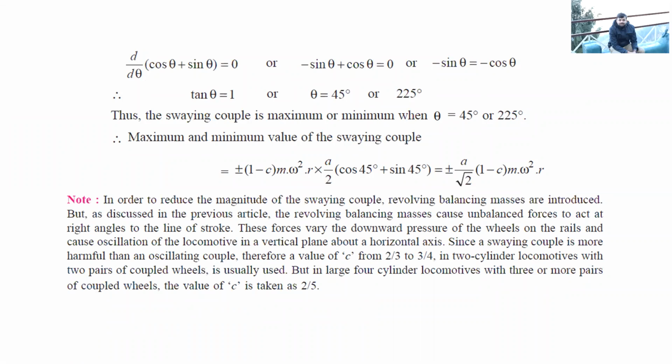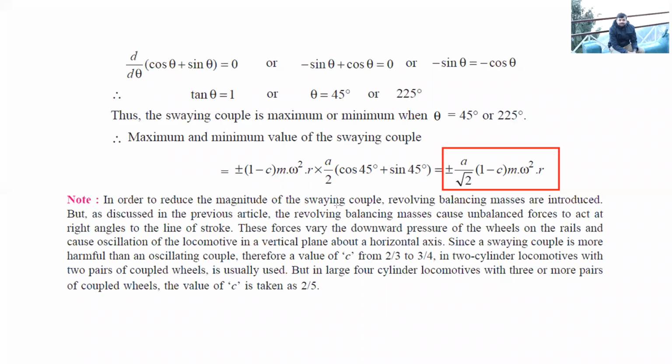Its magnitude is plus or minus A by root 2 times (1 - c) m omega square r. So if the question asks to find the maximum or minimum value of the swaying couple, we are going to use this expression. Let me just draw it over here. This expression we are going to use.